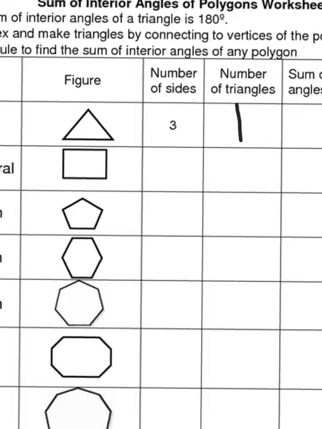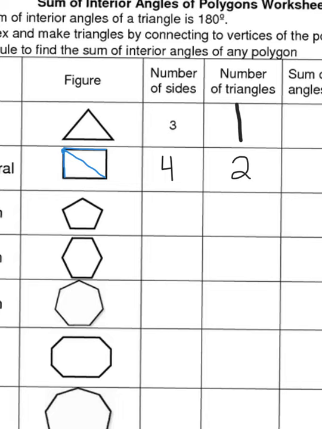The way I like to think about it is I'm going to choose one vertex. So say I'm going to pick this corner, and I'm going to draw lines to every other vertex in our shape. So I have a line here, a line here, and a line here. Since I've touched every other vertex, I can see that when I have a 4-sided figure, I end up with 2 triangles.